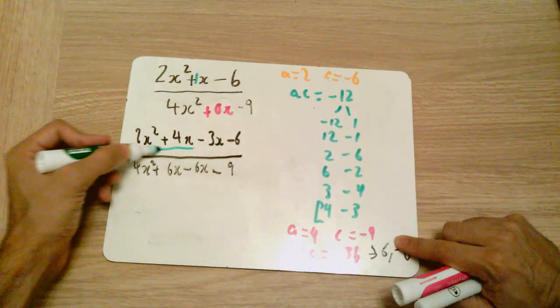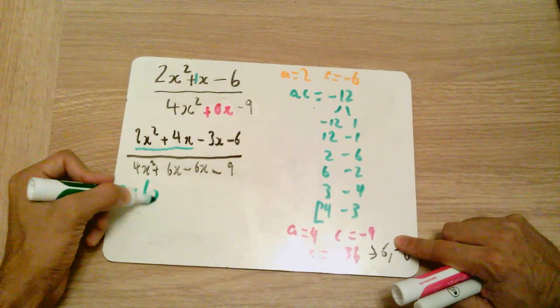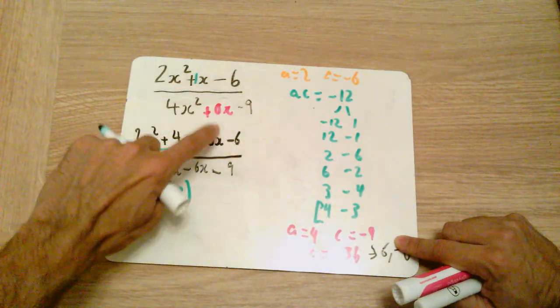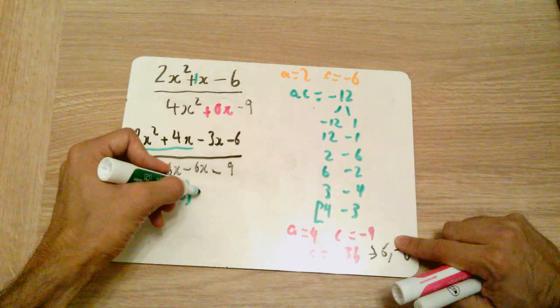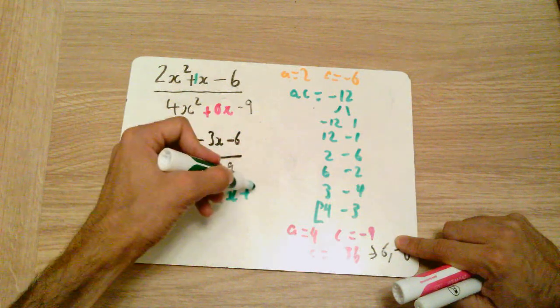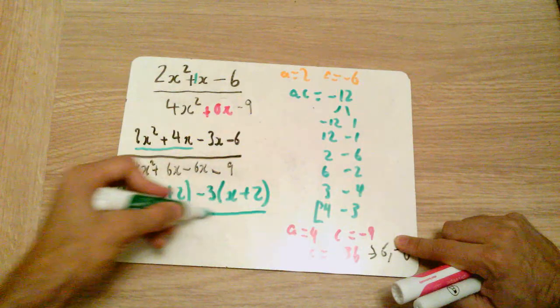Factorize the top of this one over here. 2x comes out, 2x brackets x plus 2. And if we want to get x plus 2 from over here, we need to take out a factor of minus 3, giving us x plus 2. So we have over here our x plus 2 being common to both.